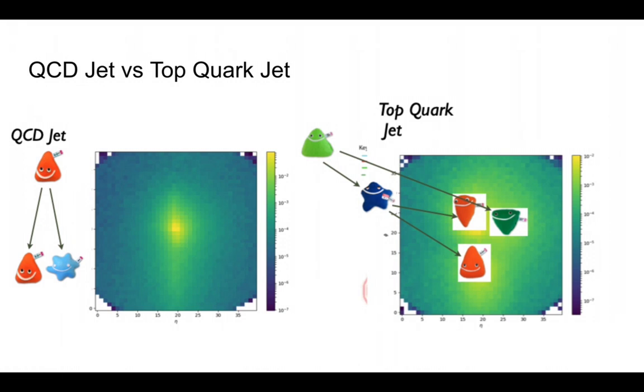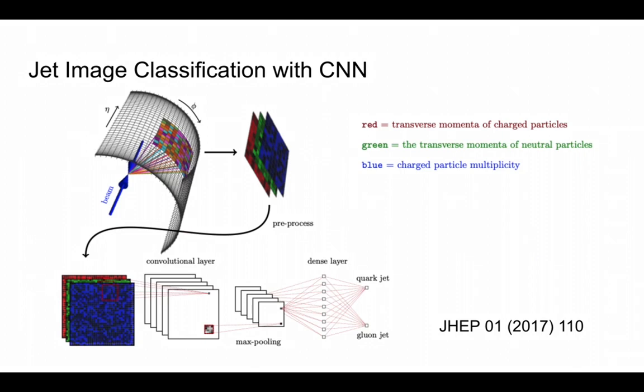In the hands-on exercise today, we will practice jet image processing to identify different types of jets. In particular, we will try to build a convolutional neural network, and we can also practice the idea of different channels.